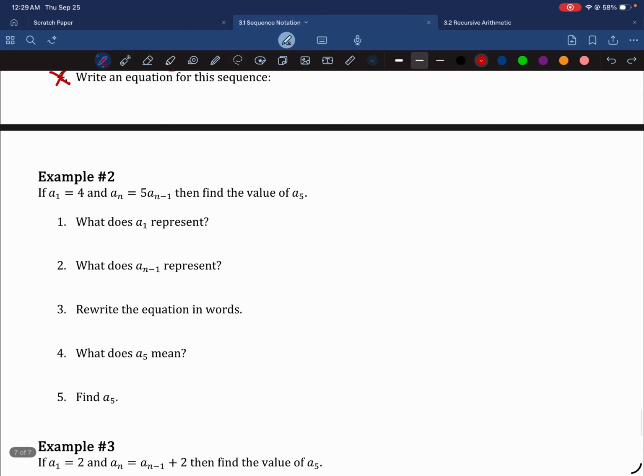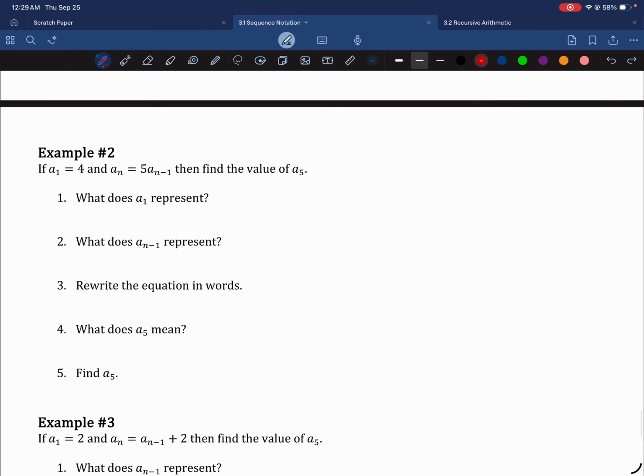We're going to jump down to example 2. Okay, this time I'm not given a sequence, I'm given an equation. Okay? Let's just go through our answers here. So a sub 1 is 4, and the equation, a sub n, is 5 times the before term.